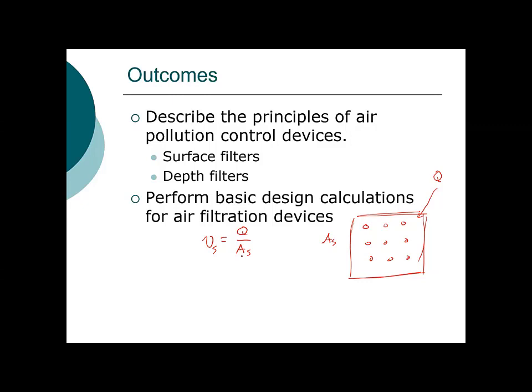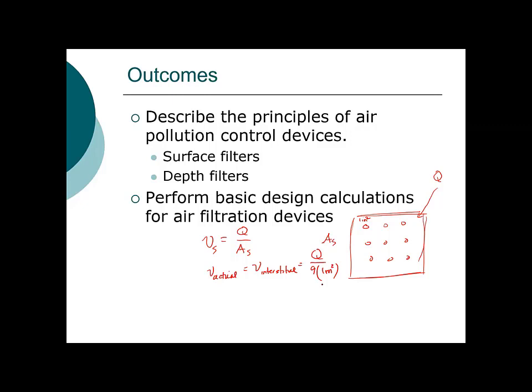It's relative to a point. Let's say each one of these is 1 inch squared, and I have 9. So the actual velocity, or the interstitial velocity, is equal to Q divided by 9 times 1 inch squared. So it's the total area of the void space through which the fluid can flow.